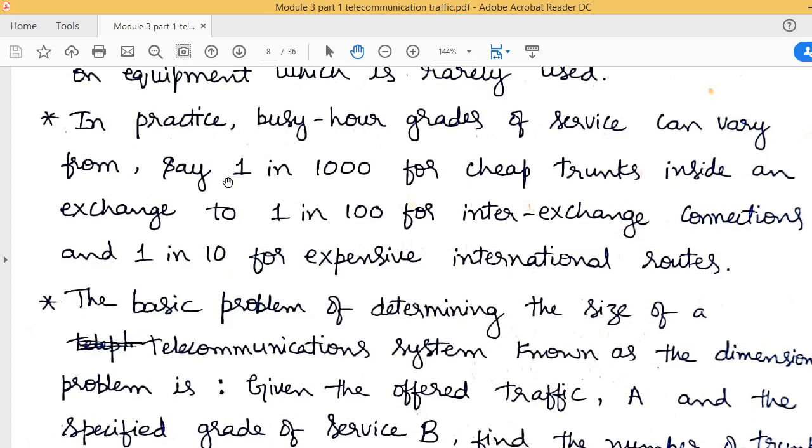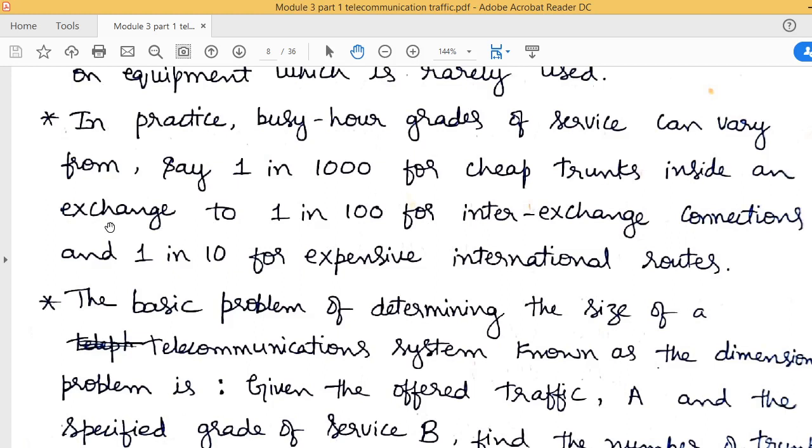Good grade of service in the sense that traffic lost is 1 over 1000 calls attempted. So it is given that during a busy hour the grade of service is 1 by 1000. So one call is lost during 1 hour out of 1000 calls. So generally when we are making calls inside a particular state, the call rates are cheap.